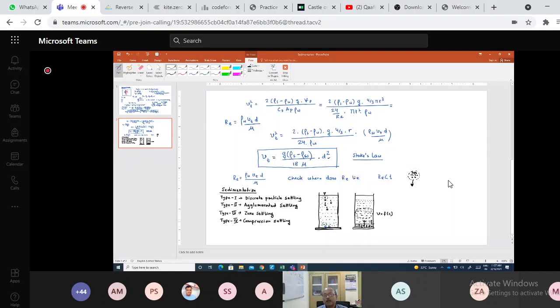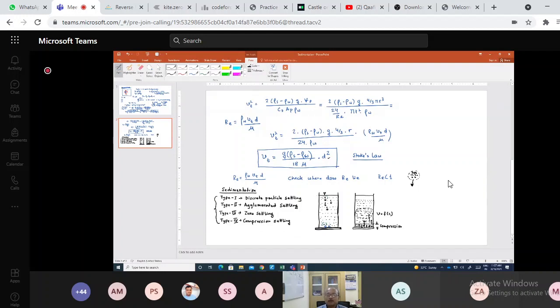This zone gets compressed due to its own weight. So we call it a compression zone. The displacement of the particle takes place because the water gets squeezed out from this particular zone, and this is why it is called compression settling. Okay, so these are the 4 types of settling that we can see around us.